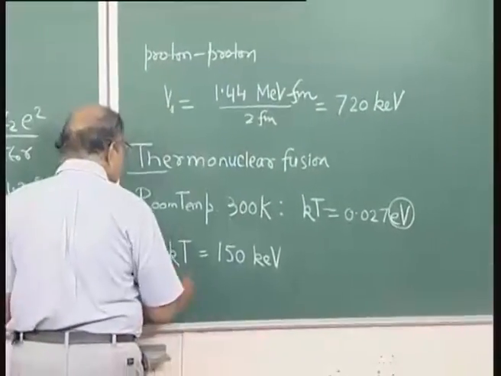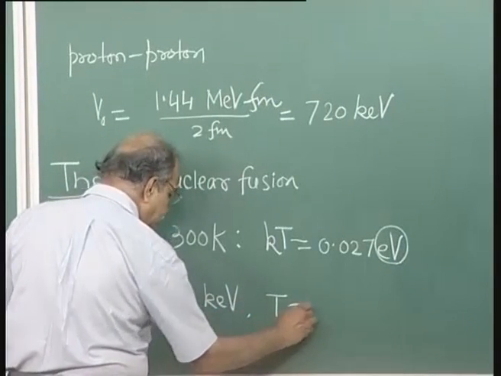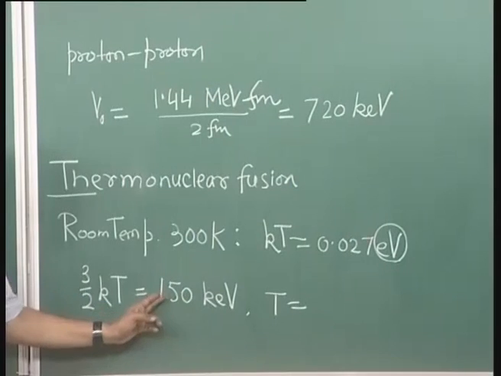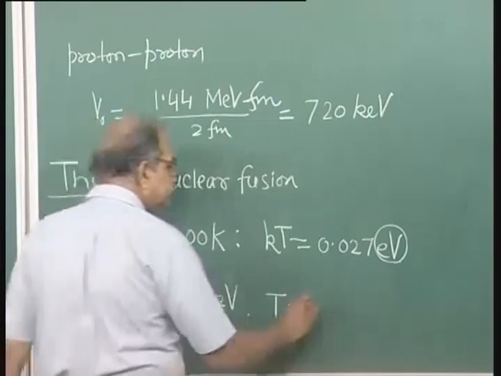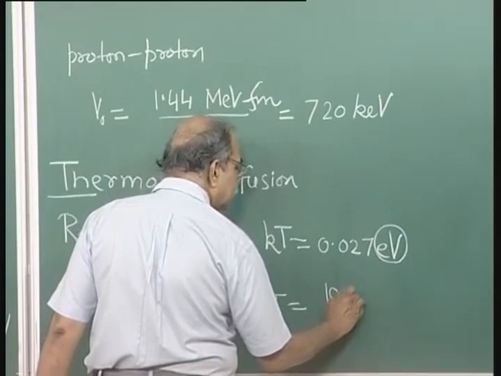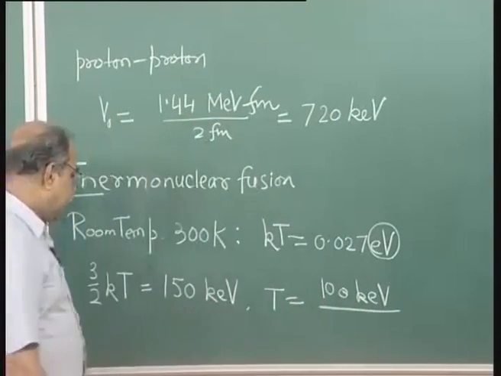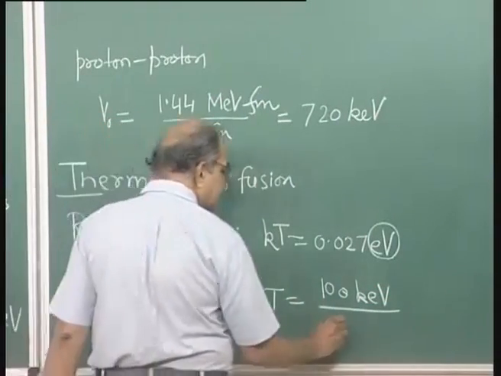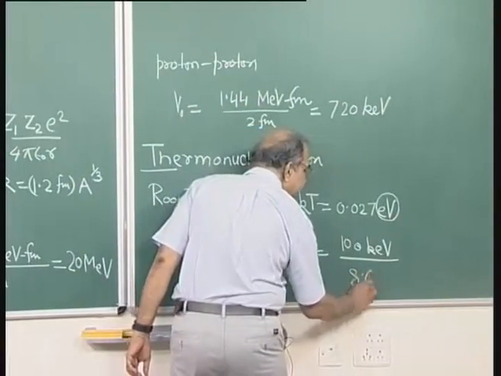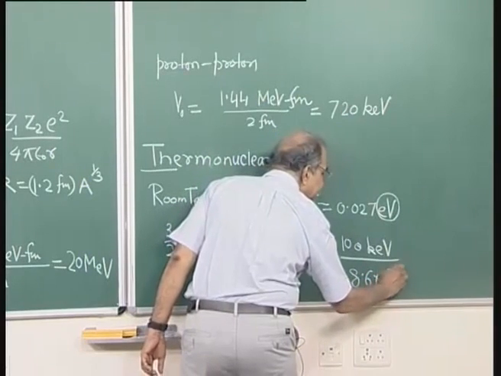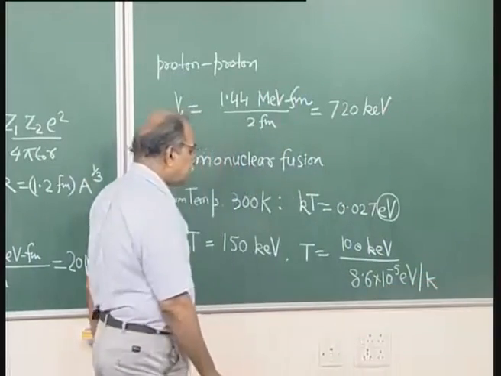So, how much is this temperature? This temperature will be T equal to, I have taken 150 for one more reason, this is 1.5. So, kT is just 100 keV. And this divided by Boltzmann constant, and Boltzmann constant you can write 8.6 into 10 to the power minus 5 eV per Kelvin, right.